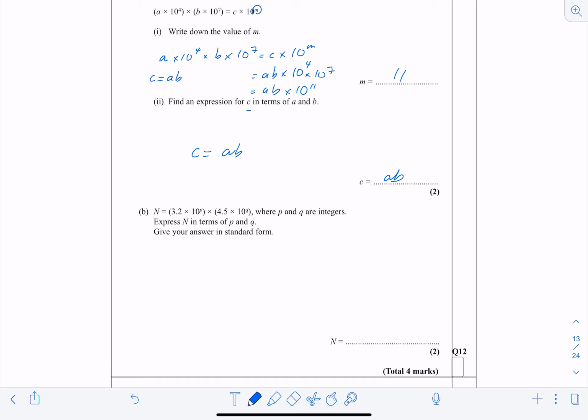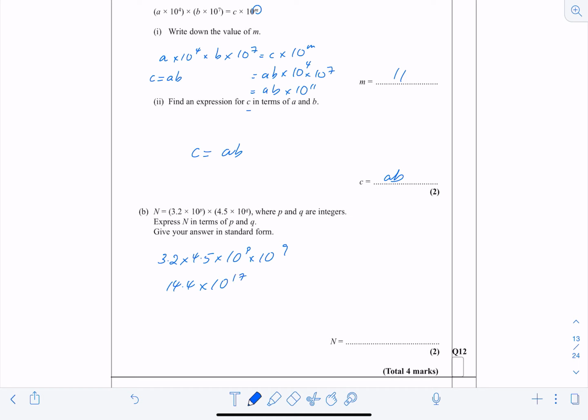Well, it's going to be 3.2 times 4.5 times 10 to the P times 10 to the Q. 3.2 times 4.5 is 14.4, and that's going to be times 10 to the 9 plus 8, which is 17.